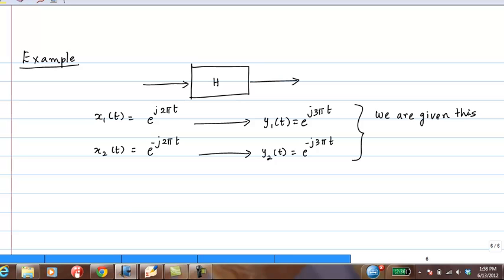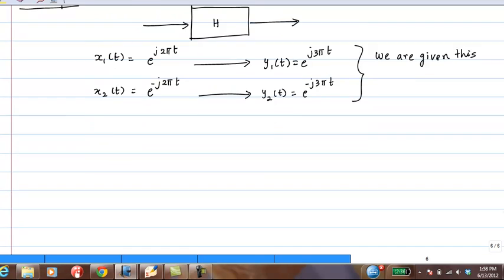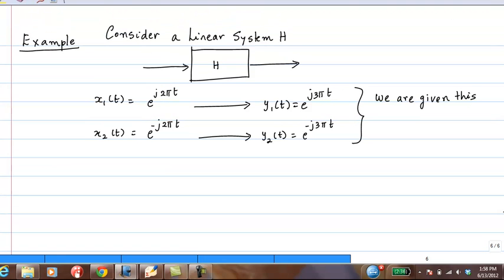We are also given that this is a linear system. And suppose I asked you, what will be the output from the system if the input were sine 2 pi t?